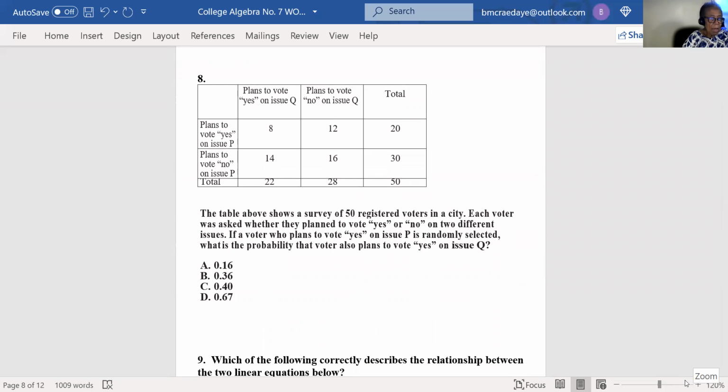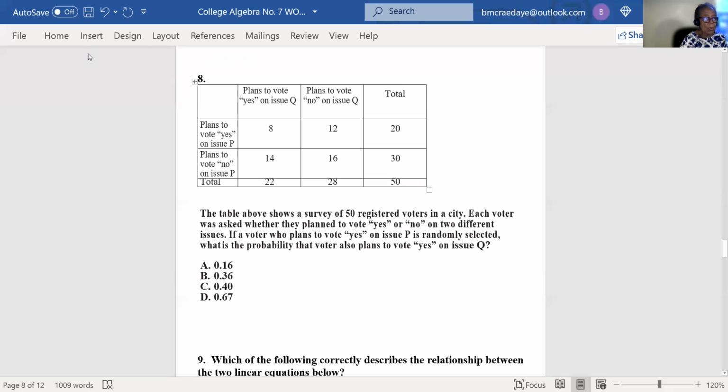Now, if a voter who plans to vote yes on P, and that's right here, yes on P, is randomly selected, what is the probability that that voter also plans to vote yes on issue Q?